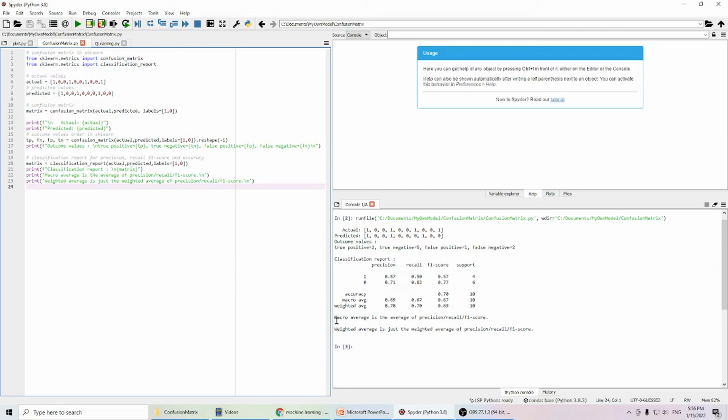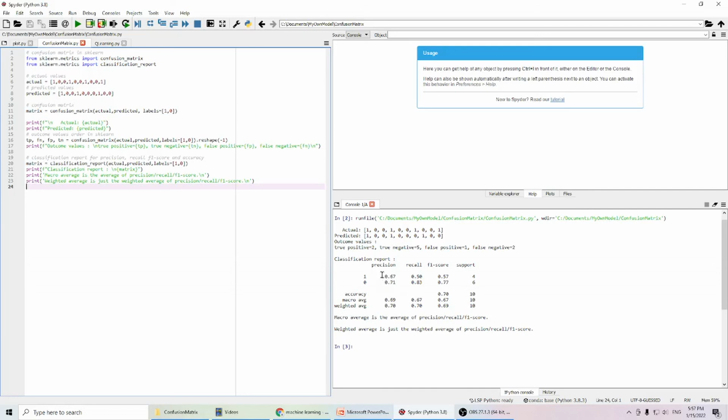And as we said, macro average is the average of either precision or recall or F1 score. So you can see if we take average of 0.67 and 0.71, it gives us 0.69. That's the average. And how about weighted average? In this case, we will consider how many supports we have.